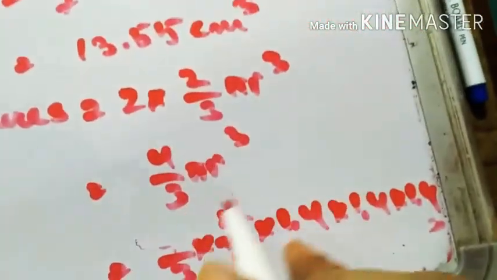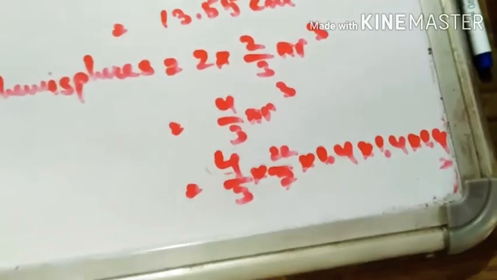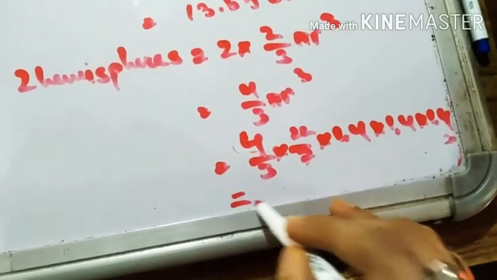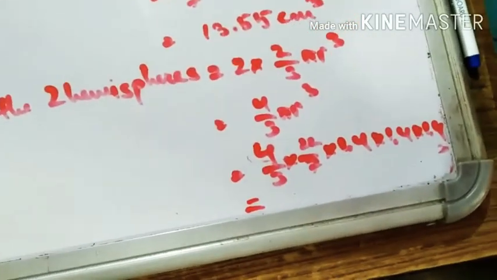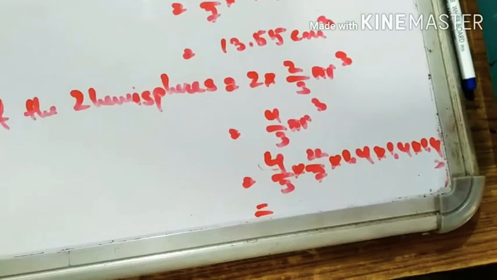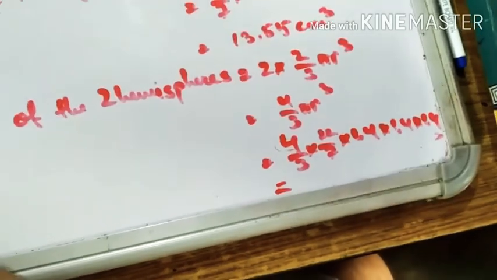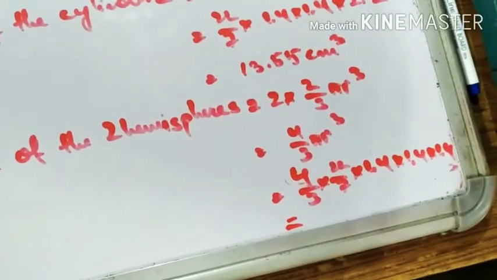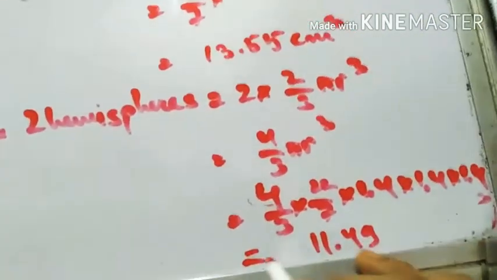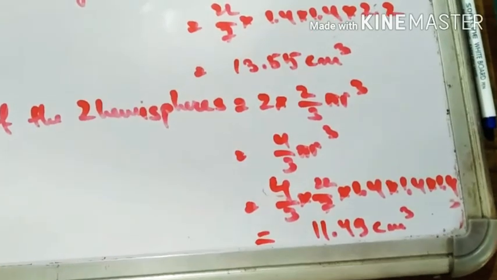So I will get 4 into 22 into 1.4 into 1.4 into 1.4 divided by 21, which is 11.49 centimeter cube.